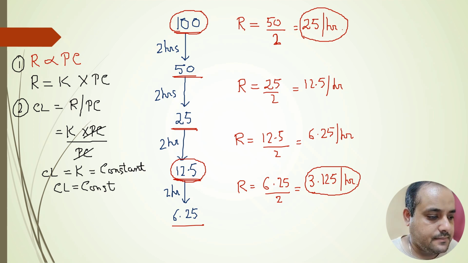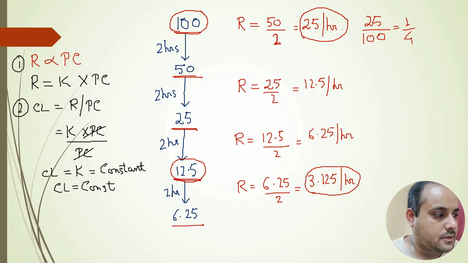So let us see here also. Now what is the clearance for this one? The rate of elimination is 25, and the plasma concentration of the drug is 100. That means the clearance is 1 by 4, which is 0.25. Now in this case, the plasma concentration is 50 and the rate of elimination is 12.5.